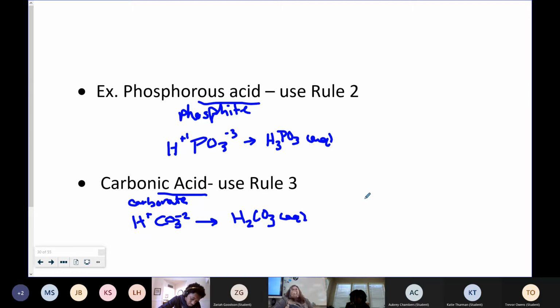So that was a review from unit 4 or 5. I don't remember which one it was off the top of my head. So it's been a while since we've used these rules, but I wanted to refresh you and make sure you're familiar with these, because these are going to come up a good bit through this last part of this last unit.